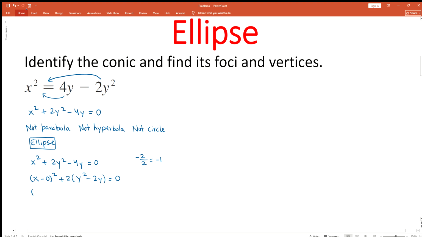I get, next we should move minus negative 1 square outside the parentheses.